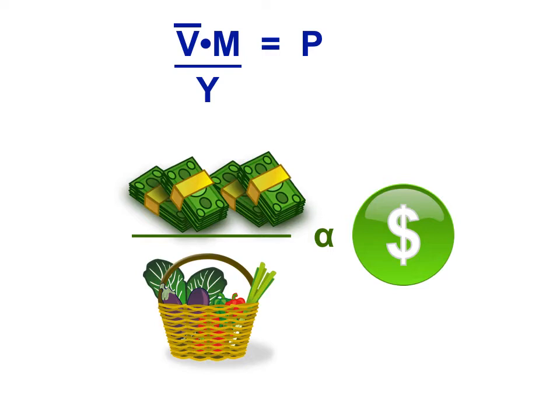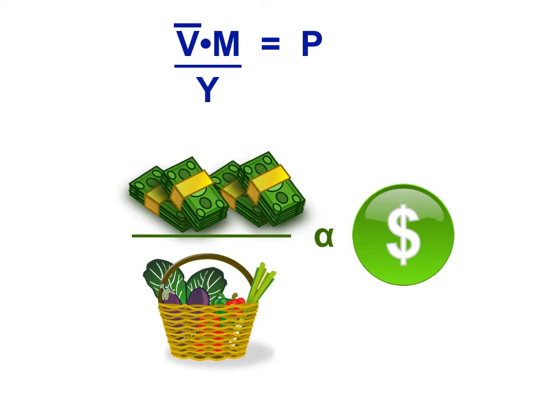Look at this equation on the left side. Essentially, what we are seeing here is dollars per basket of production. That sounds like a price, very similar to dollars per apple or dollars per sweater.